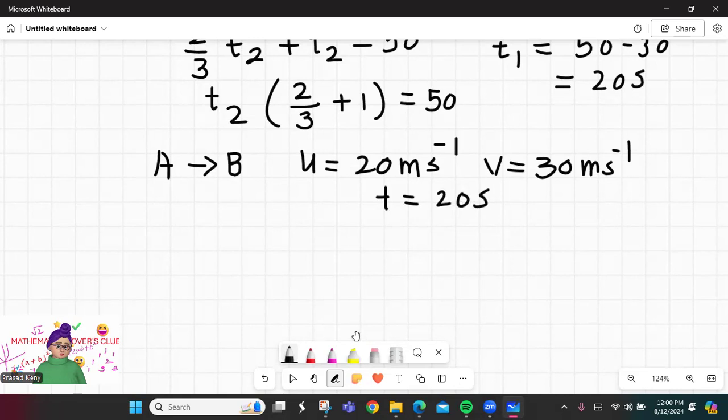So I'll use the equation s is equal to ut plus half at square.